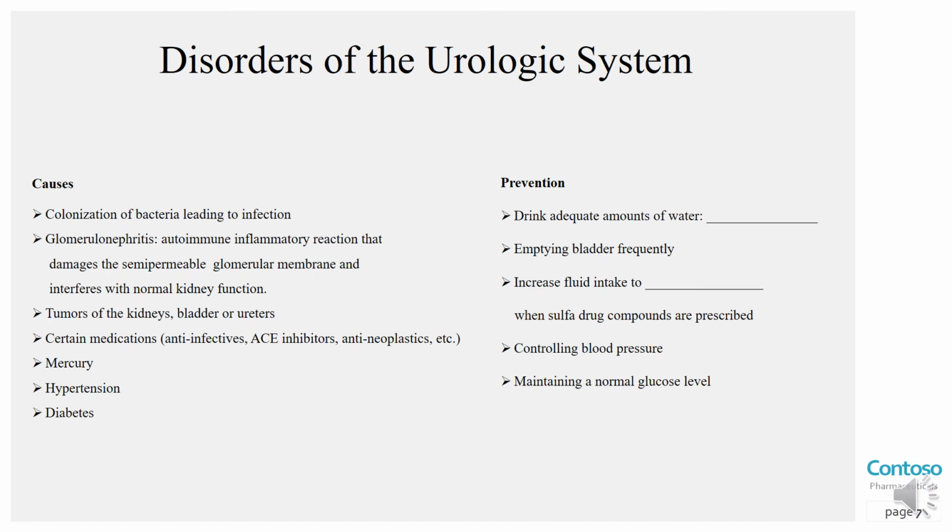We can also encourage increasing fluids to 3,000 to 3,500 mL a day when they are on urologic toxic medications such as sulfa compounds or doxycycline and rifampin, which are also nephrotoxic and cause chemical alterations of the glomeruli themselves. And then we also need to educate and encourage our patients to maintain a normal blood pressure level and normal blood glucose levels.